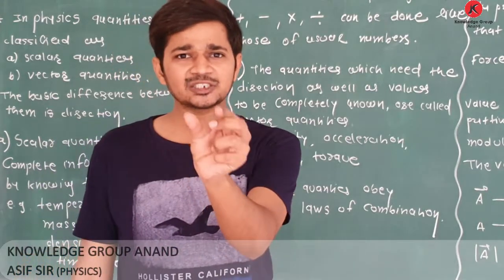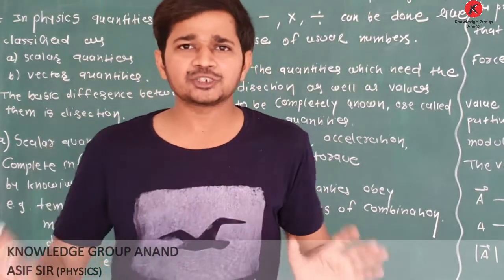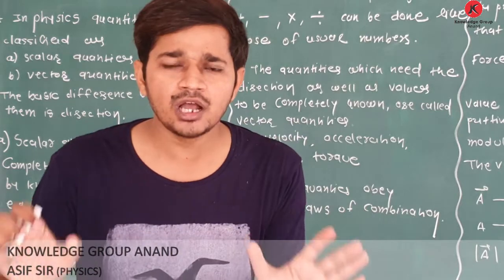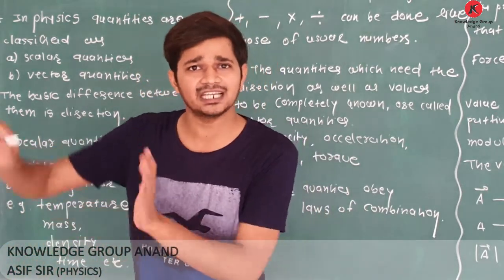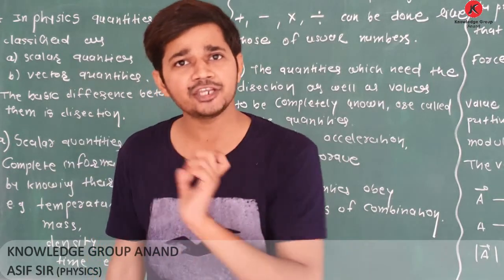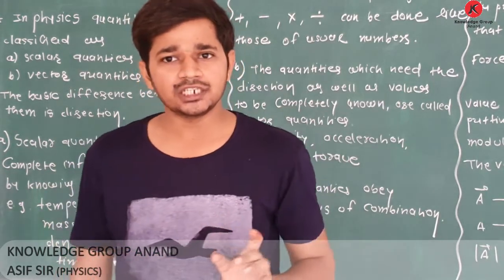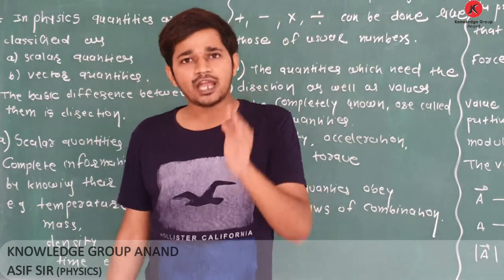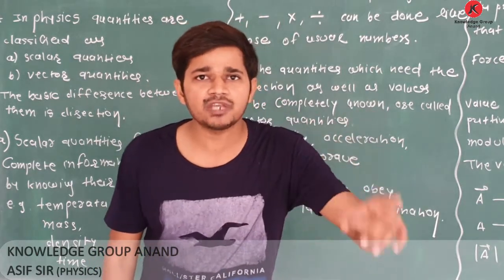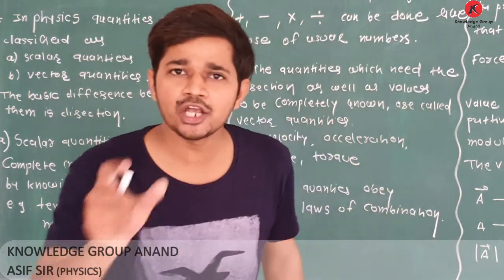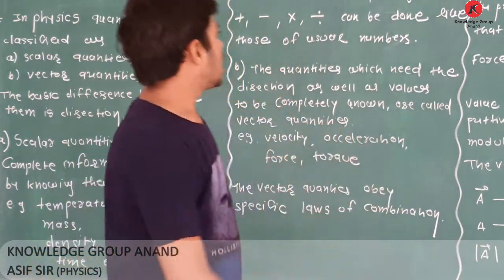So 56 is the numerical value, and kg is the unit. So it is enough to describe any scalar quantity: magnitude and unit. Clear about this?